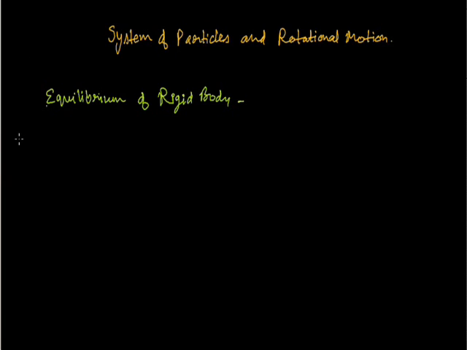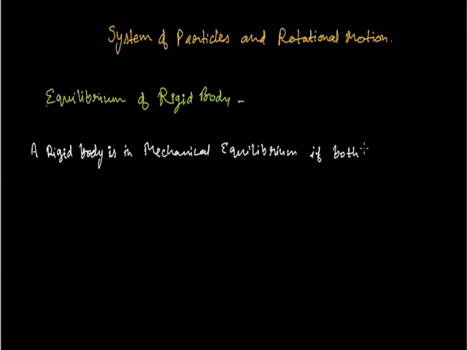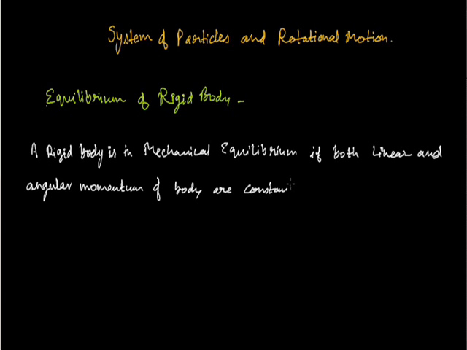A rigid body is in mechanical equilibrium if both linear and angular momentum of the body are constant with respect to time.